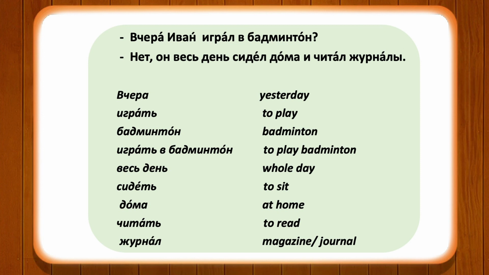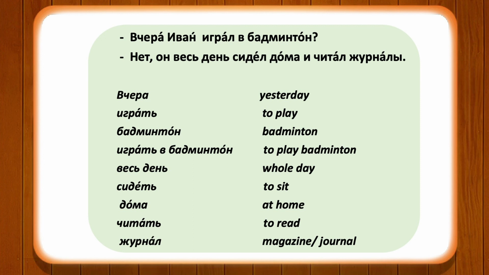The answer, нет. Он весь день сидел дома и читал журналы. It means no, the whole day he sat at home and read the journals. The verb is сидеть, which means to sit.